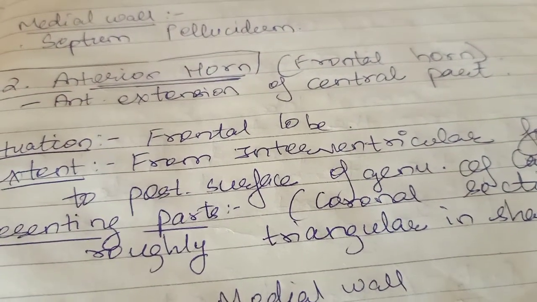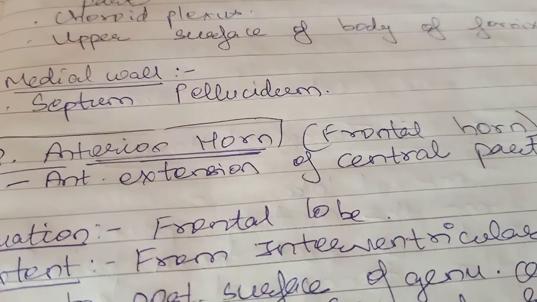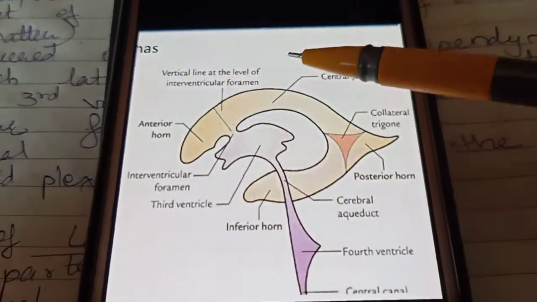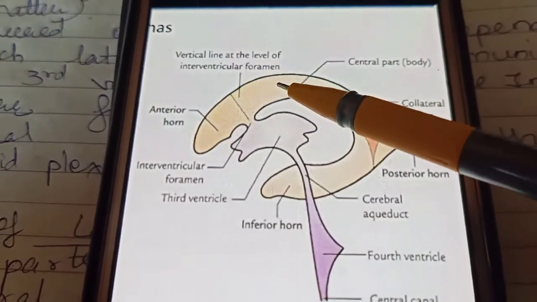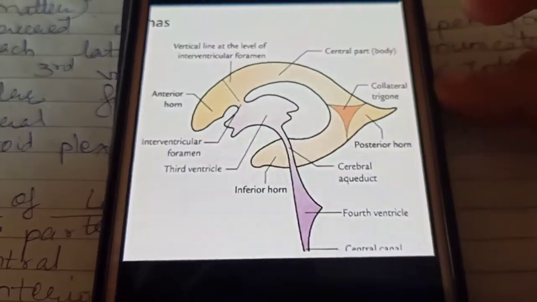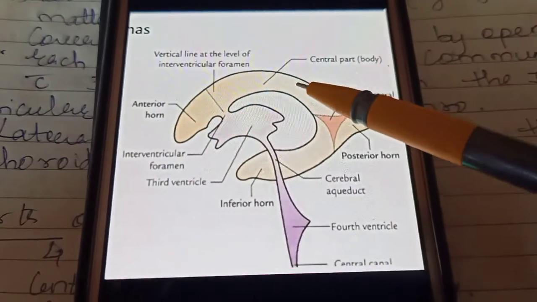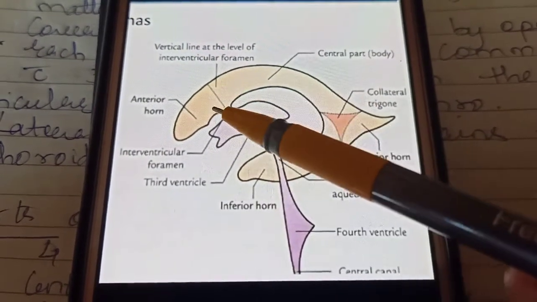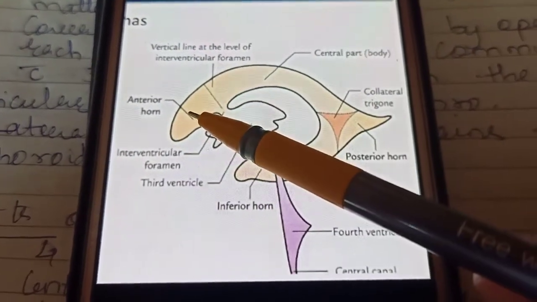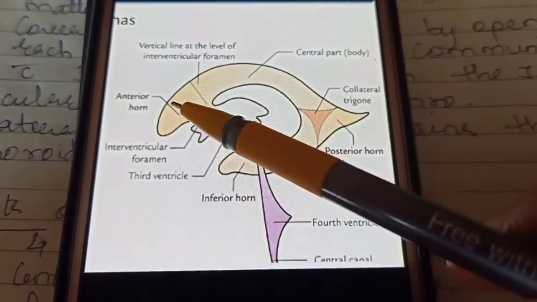And this anterior horn is the anterior extension of the central part. So you can see this is the central part, and if we extend the central part anteriorly, that is your anterior horn of the lateral ventricle.